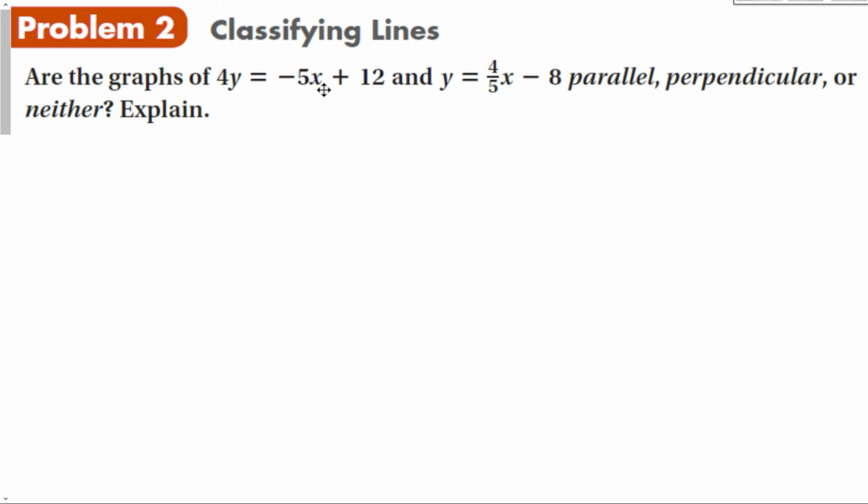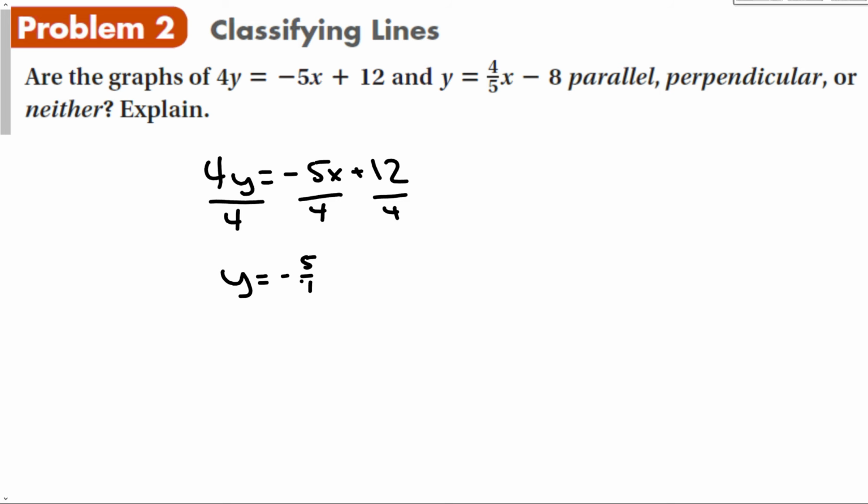So I'm going to take this first line and put it into slope-intercept form. So I start by getting y by itself. So I'm going to divide everything by 4. So that gives me y is equal to -5/4x plus 12/4, which is 3.